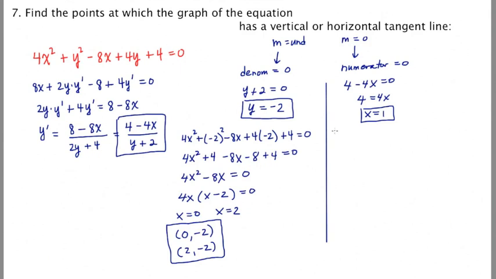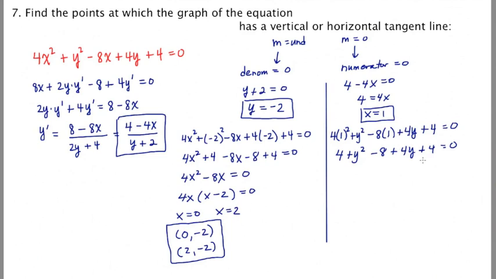Now over here we're going to do the same sort of thing, and I hope I have enough room for it. Now I'm going to plug in 1 for x: 4 times 1 squared plus y squared minus 8 times 1 plus 4y plus 4 is equal to 0. So 4 plus y squared minus 8 plus 4y plus 4 is equal to 0.